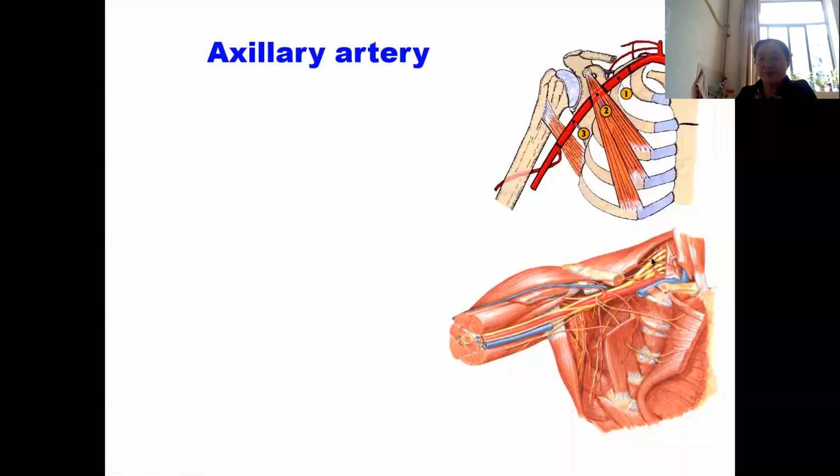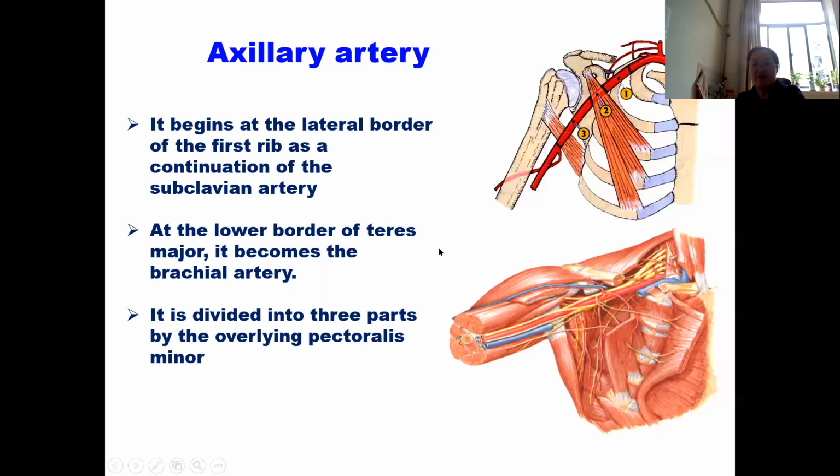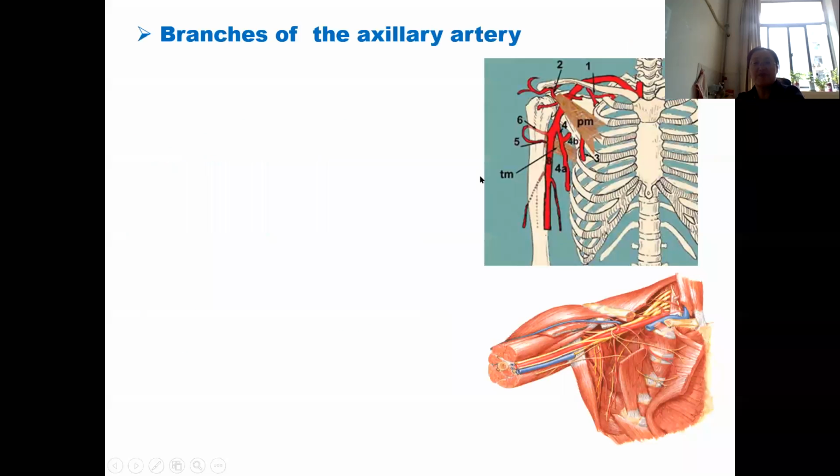The pectoralis minor covers this part, which is the middle part of this region. Above is the first segment, below is the third segment. So the axillary artery gives branches from these 3 parts.